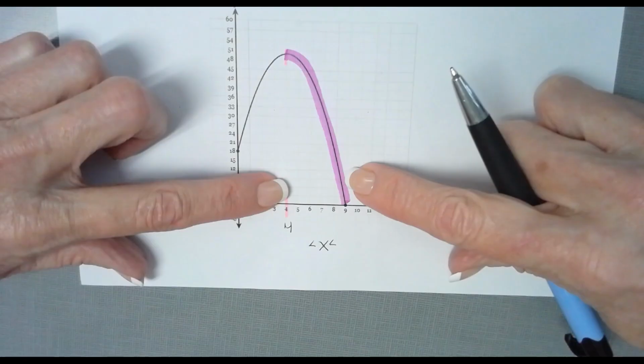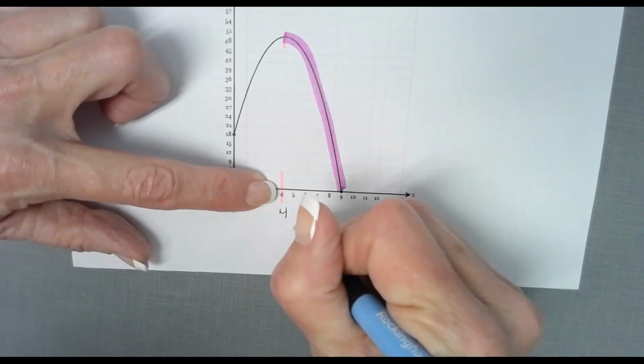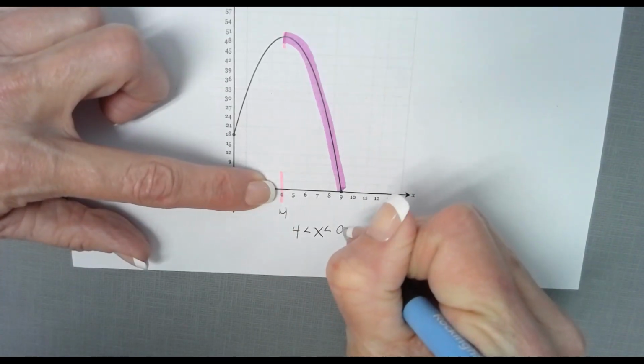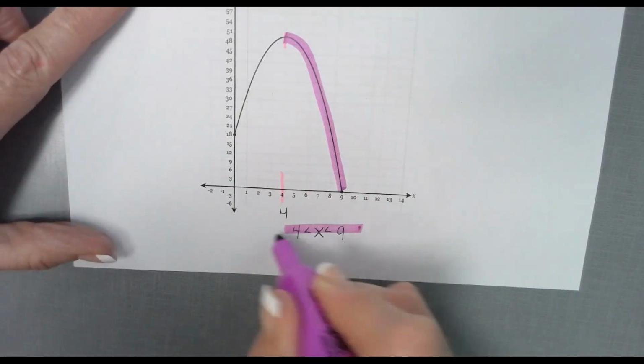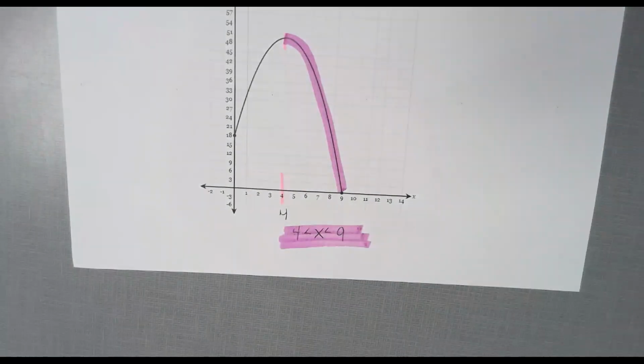It starts at 4 and ends at 9. So this is my interval where the function is decreasing. So just a little. Good? Okay.